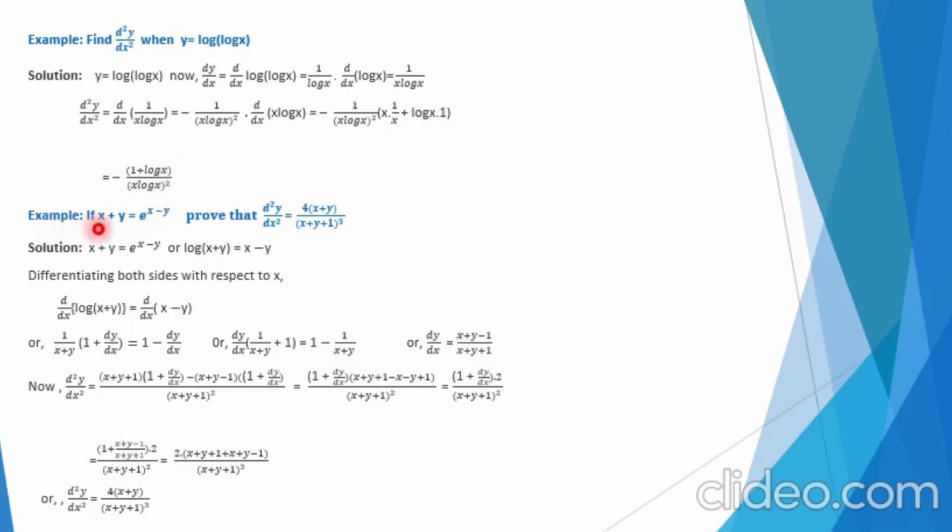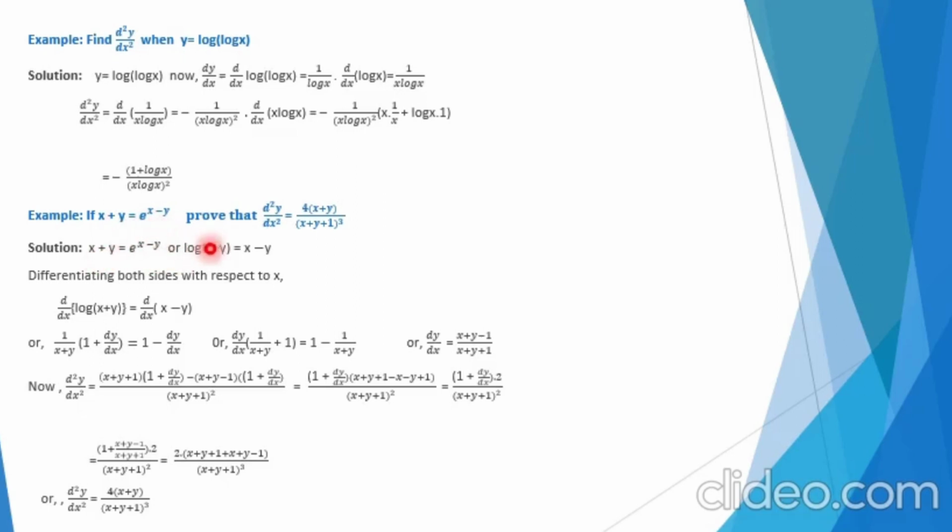Next example. If x plus y equals e to the power x minus y, then prove that d2y dx2 equals this one. This function is called an implicit function. That means in this function the dependent variable y is not expressed in terms of the independent variable x.